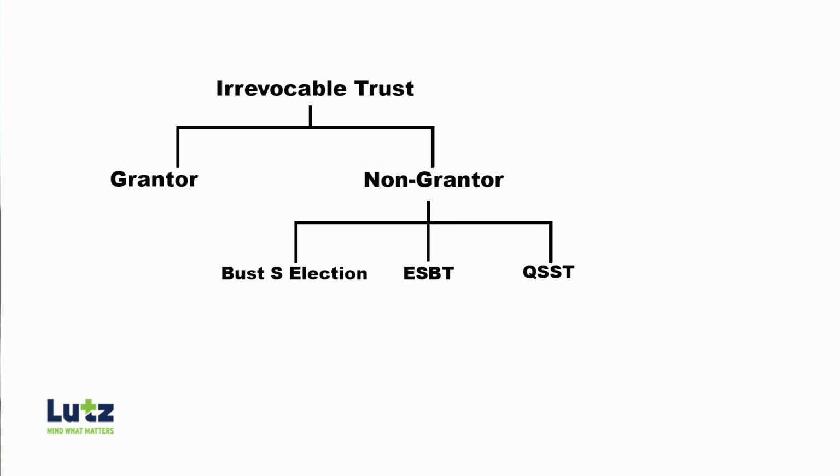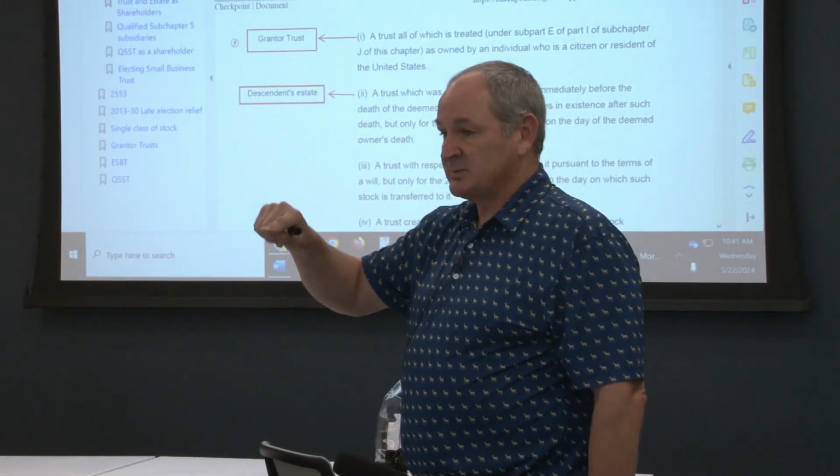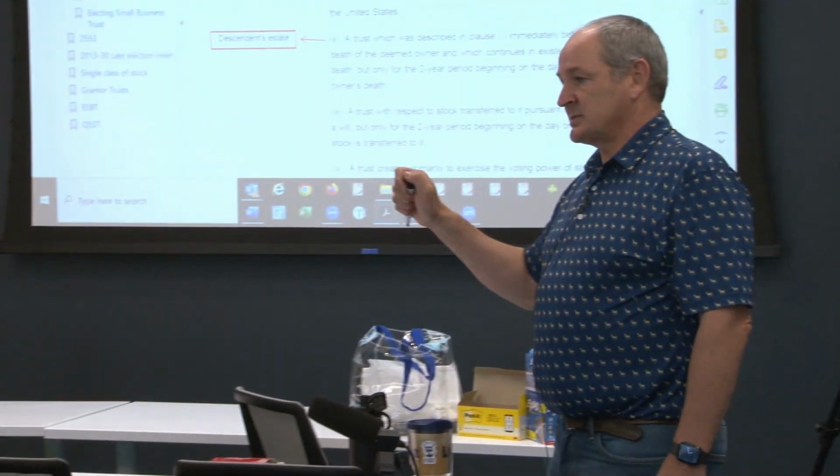So the fact that the trust goes from being grantor to non-grantor isn't an automatic death sentence or termination of the S election, because the trust itself can qualify as irrevocable. If it meets these other definitions of ESBT, which is electing small business trust, or qualified subchapter S trust, it can still be a qualifying shareholder for S corps. And we're going to talk about both the electing small business trust, or ESBT, and the qualified subchapter S trust as well.